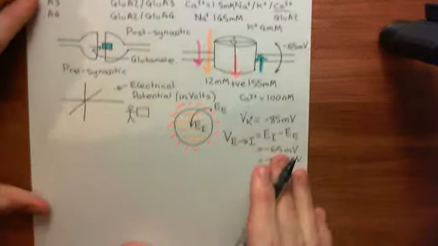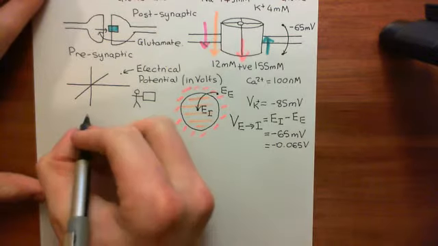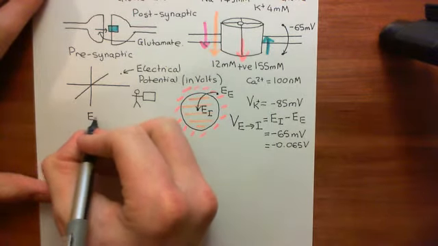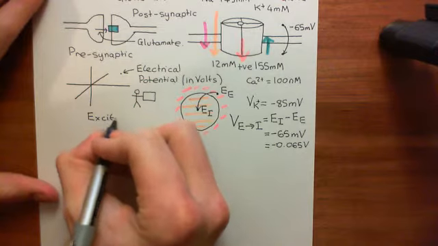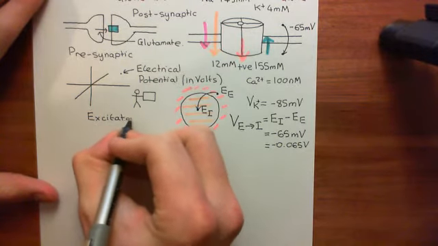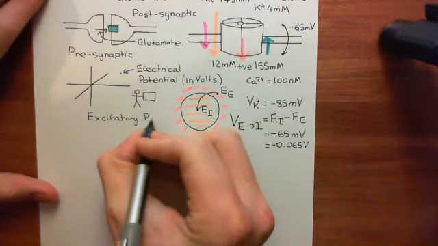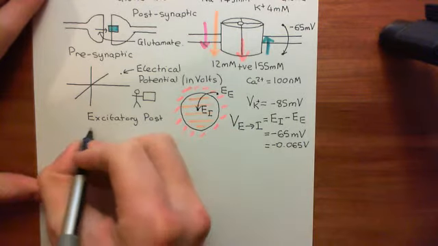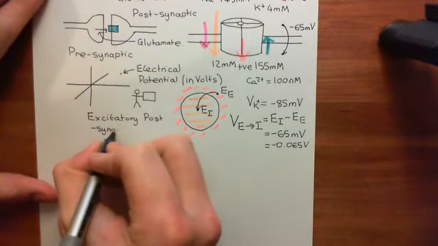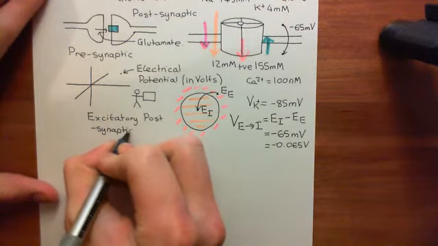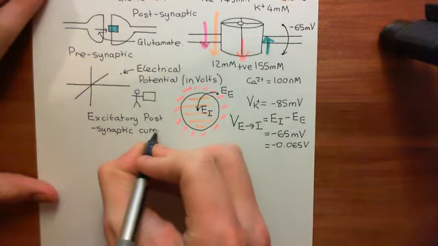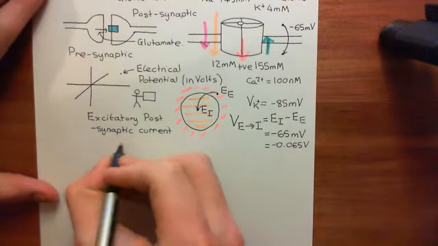Now this has a fancy name. This is known as the excitatory postsynaptic current, or it's sometimes just called a depolarizing current. But to be fancy, we can use the excitatory postsynaptic current. Now, do not be afraid of this name.